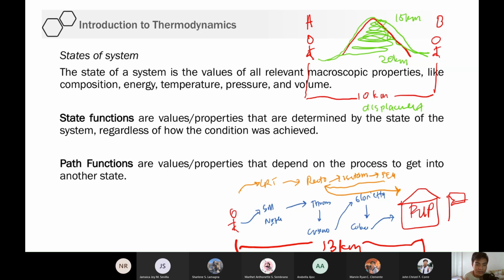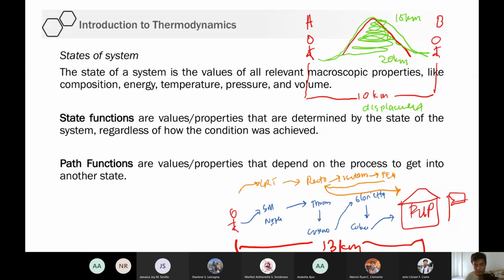Is this relatable sa buhay? Yes. Kasi sa buhay natin, ang state function natin ay yung pinanganak ka, tapos mamamatay ka. Okay? Kaya nga sinasabi ko, lahat tayo pinanganak para mamatay. State function yon. Okay? Pero ang path function ay kung ano yung ginawa mo sa buhay mo. Pwedeng ganito. Ako, nangyari sa buhay ko is 20 years old, nakagraduate ako, nagtrabaho na ako. 23, nag-aaral na ako uli, master's.